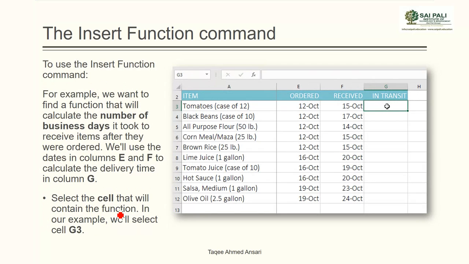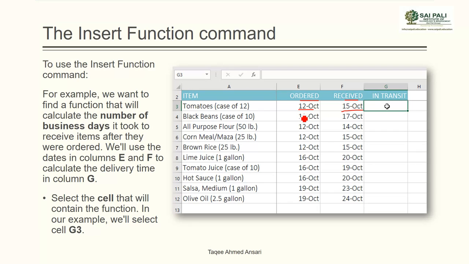So how does it work? For example, here we have days, here we have date, order date and receive date. Now I want to see how many days it takes to deliver the item. I can see that it is from 12 October to 15 October. It is 12, 13, 14, 15. I know how many days are in between.